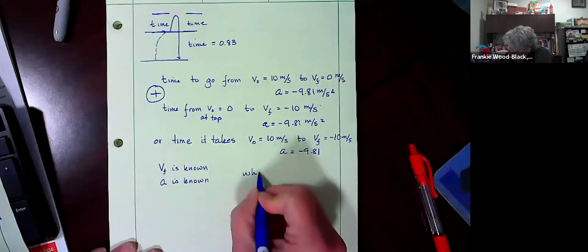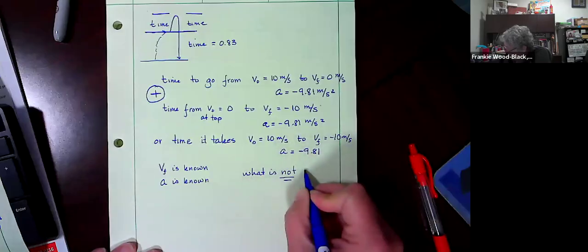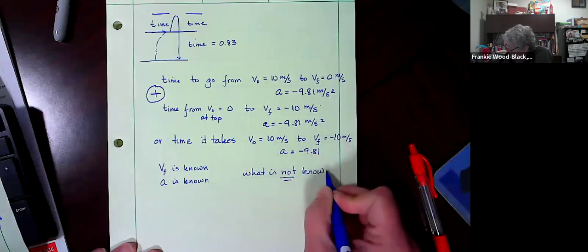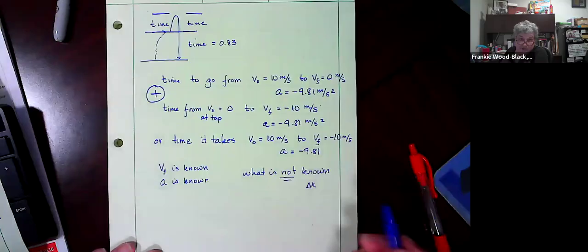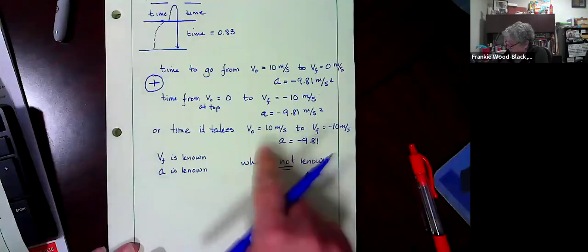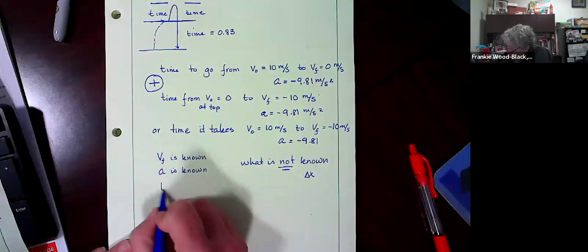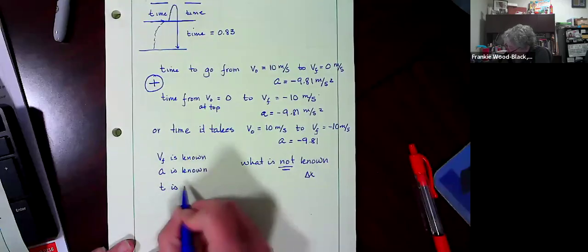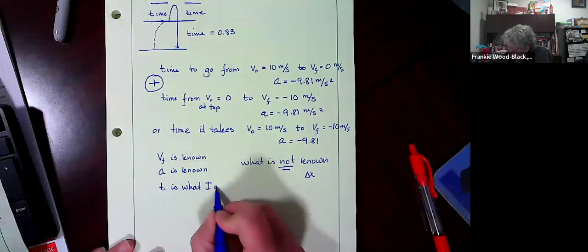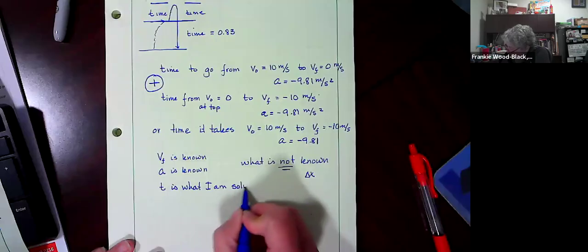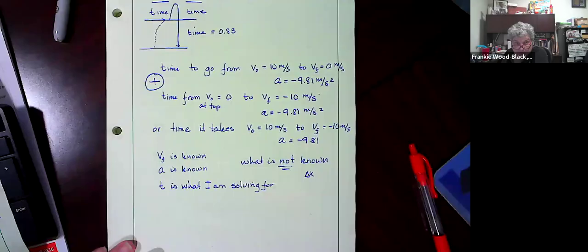What's not known is my change in position, or my change in position is kind of known because it's 0 if I'm doing this one. Time is what I'm solving for.